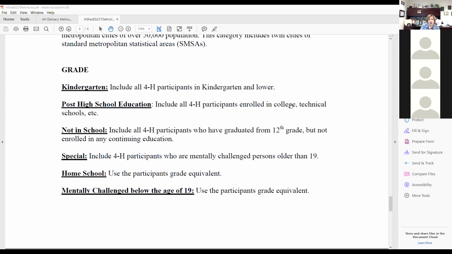So I noticed the other day that we have way more enrollment numbers in the not in school and post-secondary or post-high school category than we should have. We have more in that category than we do in 9th through 12th grade.